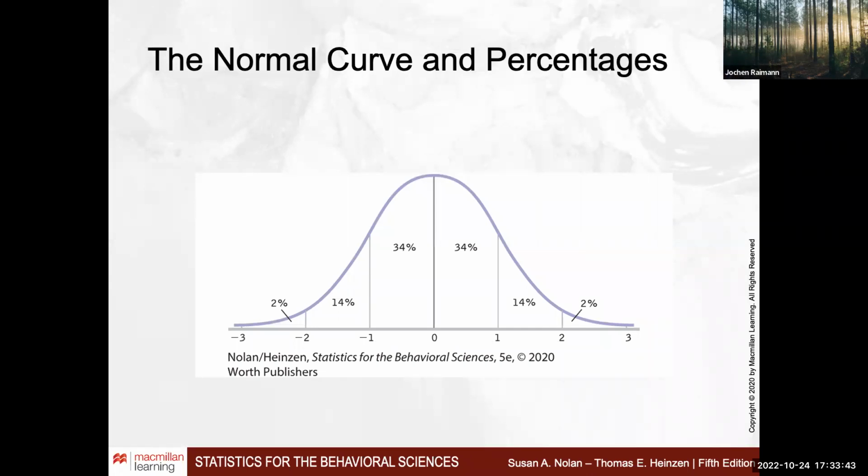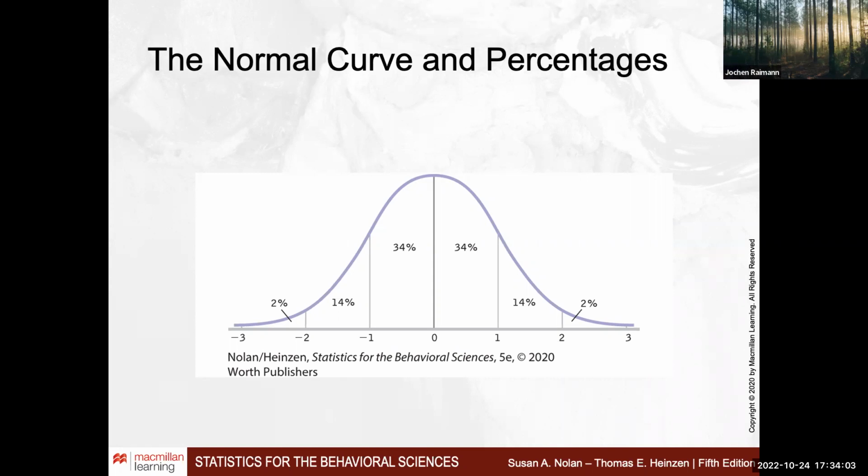So the empirical rule, the rule by Chebyshev. Within 1 negative and 1 positive standard deviation around the mean, from -1 to +1, you're capturing 68% of your population.